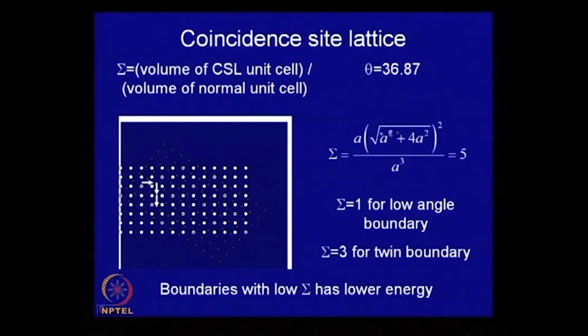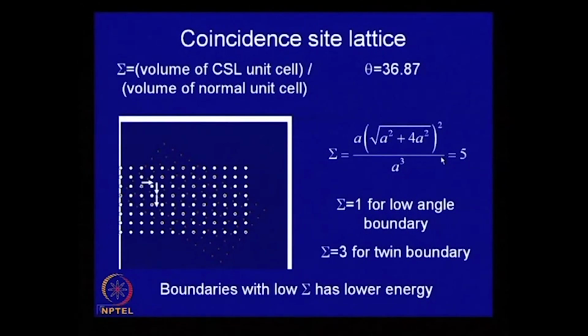Then divide it by the volume of the normal lattice, which is a cube, and you get 5. This we define as a term called sigma. Sigma is the ratio of the volume of the coincident site lattice unit cell over the volume of the normal unit cell. In this case, it comes out to be 5.